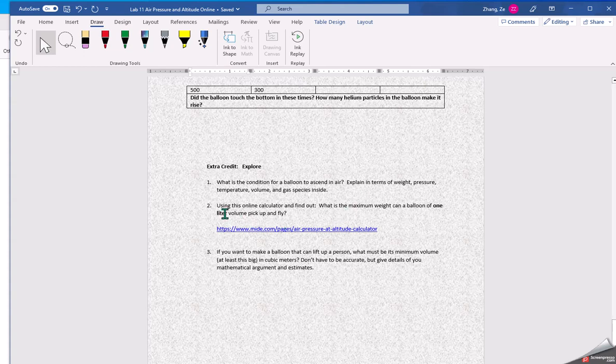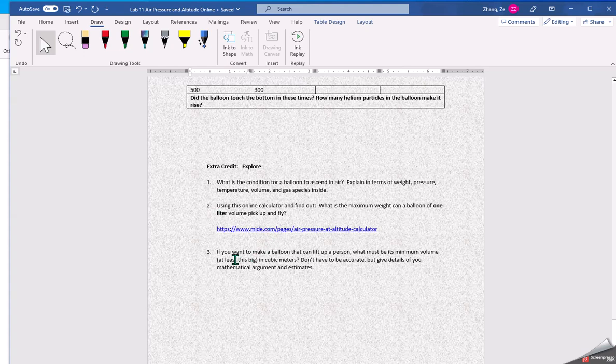And the second one, calculating, I want you to explore. Actually, for the air, you have a calculator online. So go up in the air, see at what altitude and what the pressure is, and then you can see how a balloon of 1 liter in volume can fly.